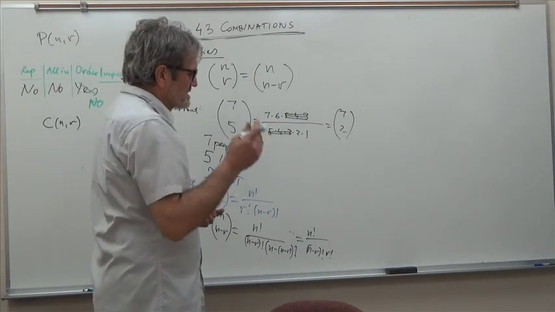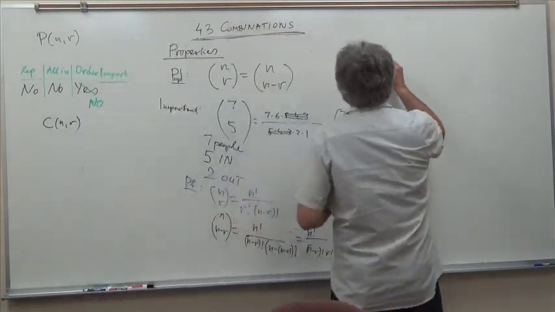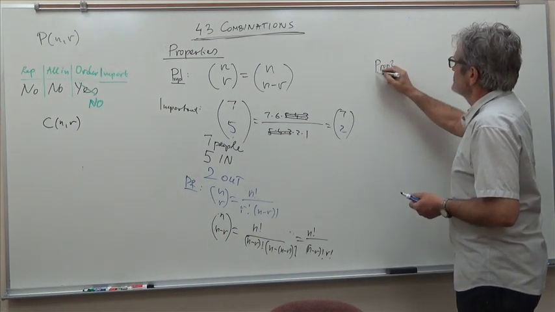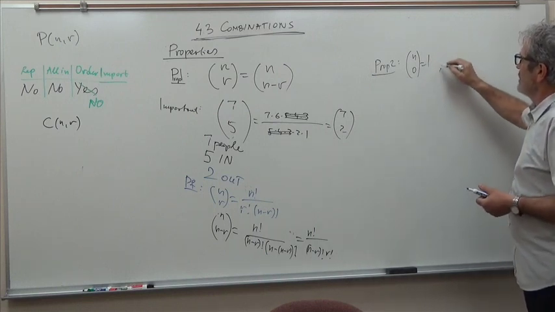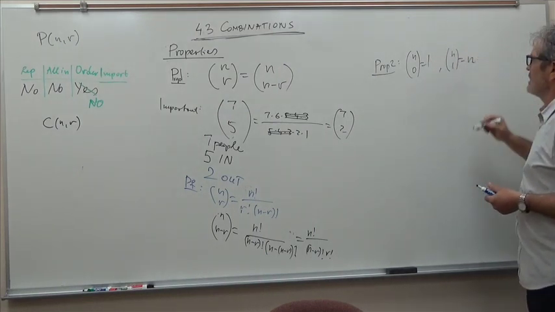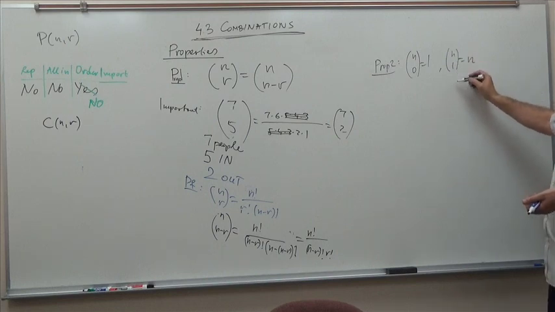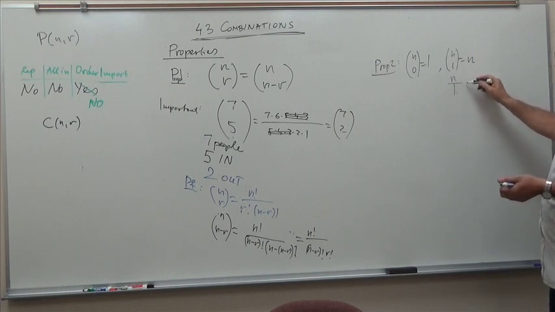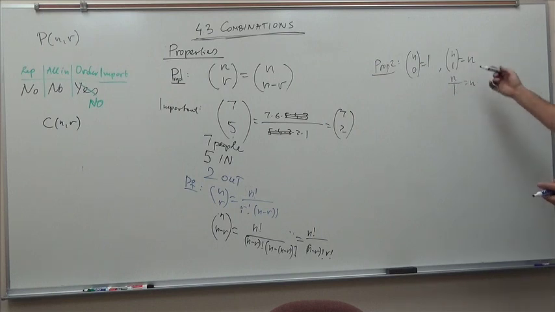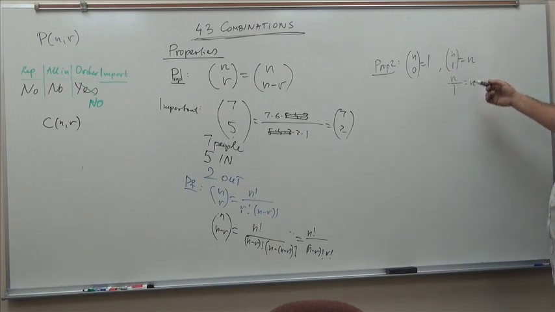The second property is just something to be aware of so that you're not confused. It's very simple. I'll put it here on the side, property 2: n choose 0 is 1, and n choose 1 is just n. For n choose 1, it is n over 1, because just one member, that's very easy. Combinatorially, if I have n people and I choose 1, I can choose any one of them in n different ways.